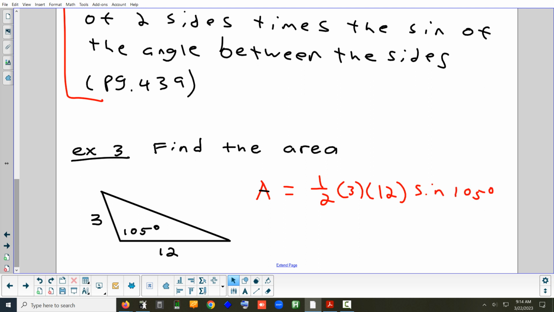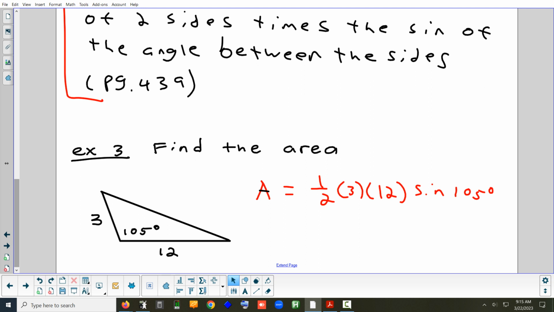So 1/2 the product of two sides times the sine of the angle between the sides. Here I put parentheses because you obviously don't want to just put 3 and 12 next to each other like that. So either put a dot between them or put parentheses.